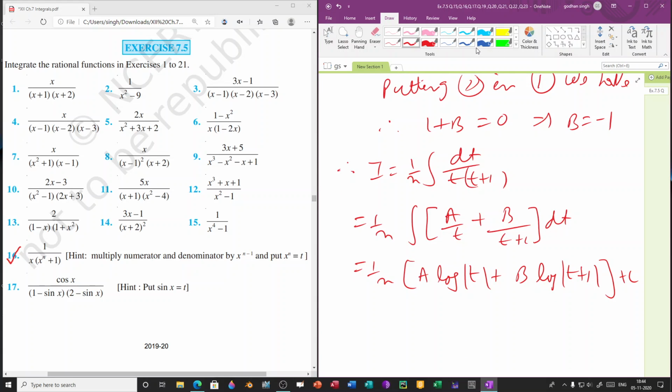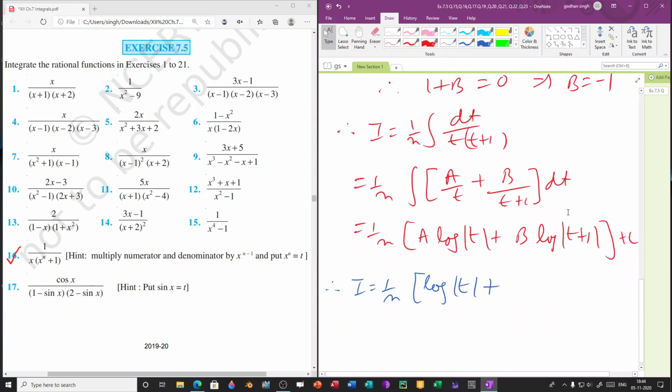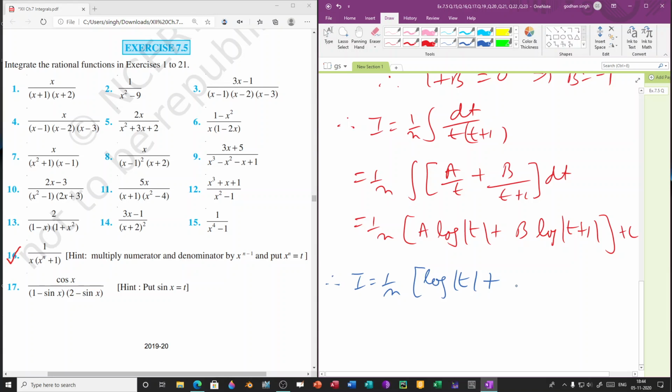So therefore I equal to 1 by n. A is 1, so log modulus of t plus b. What is the value of b? B is minus 1, so plus minus 1 log modulus of t plus 1 plus c.